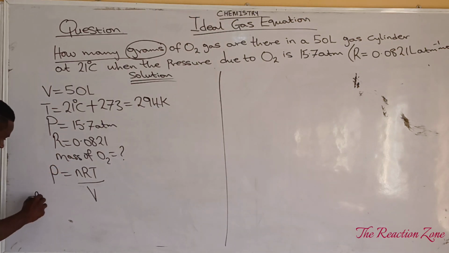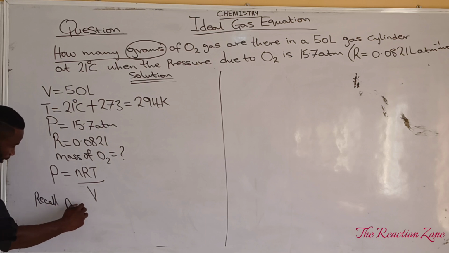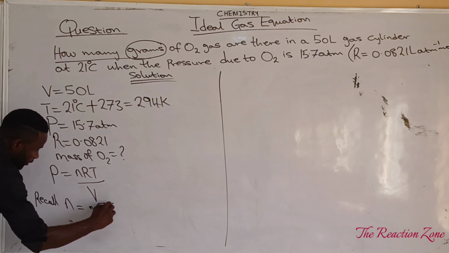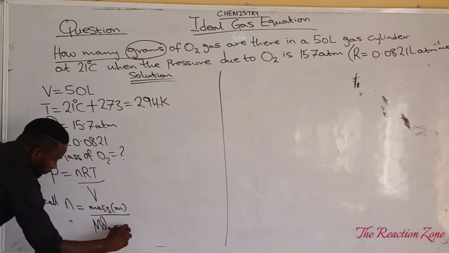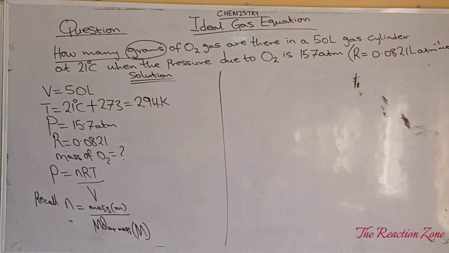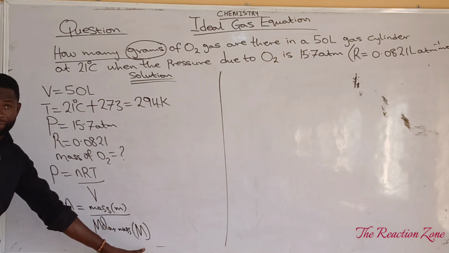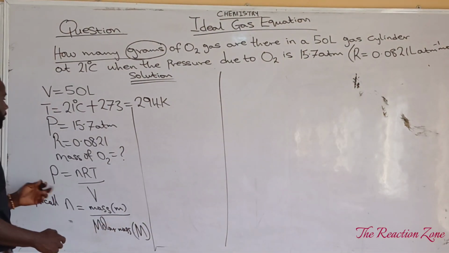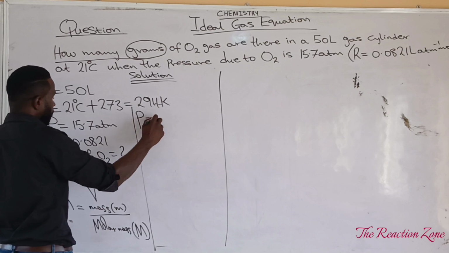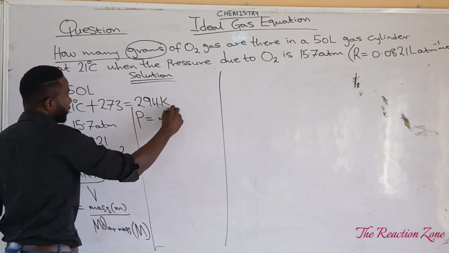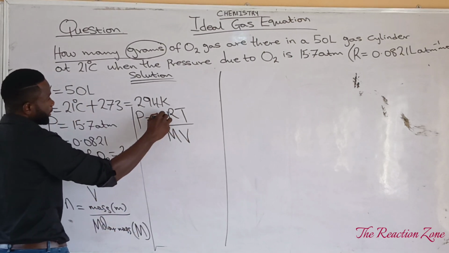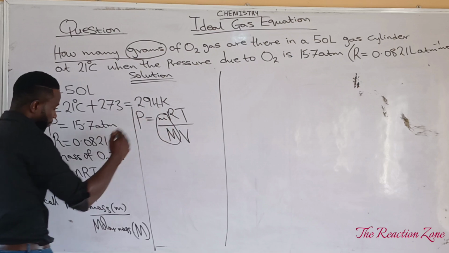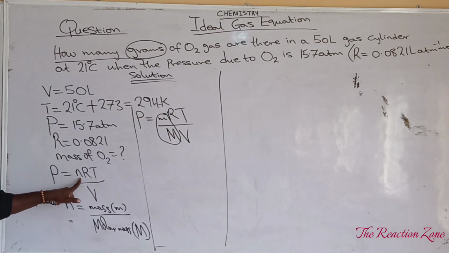Now we need to recall that number of moles, which is n, is equal to mass, small letter m, over molar mass, which is capital M. So it means that in place of n here, we can replace it with m over M. So when we do so, the ideal gas equation will become P is equal to mRT over MV, where this m over M here is representing number of moles.